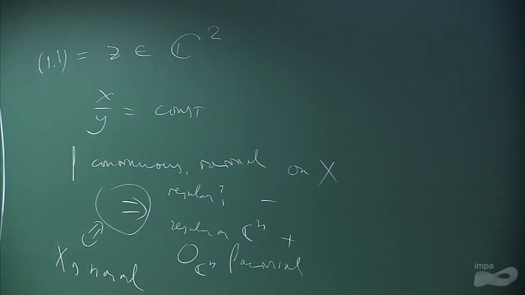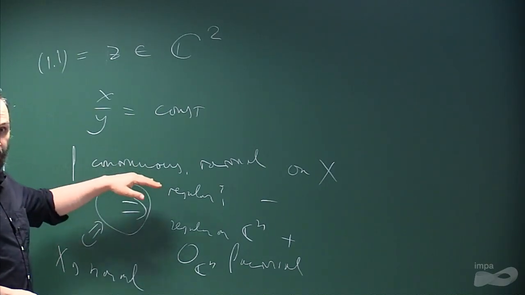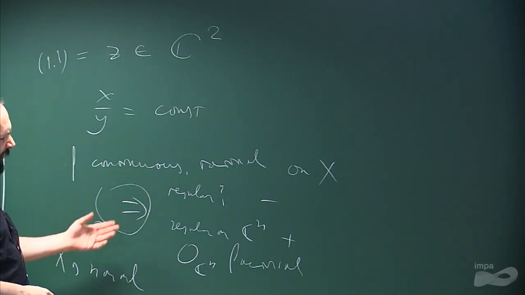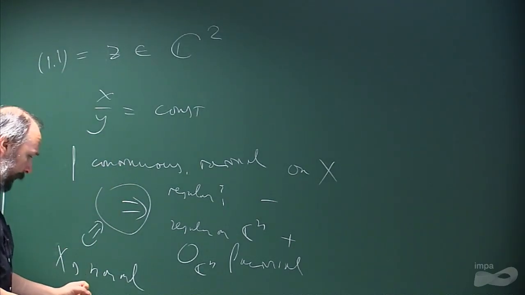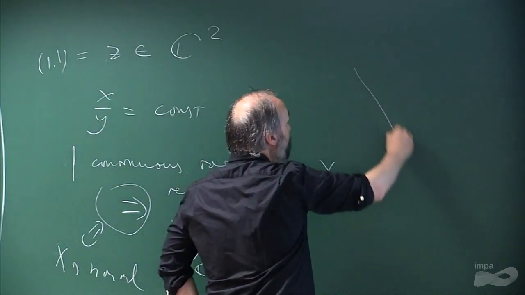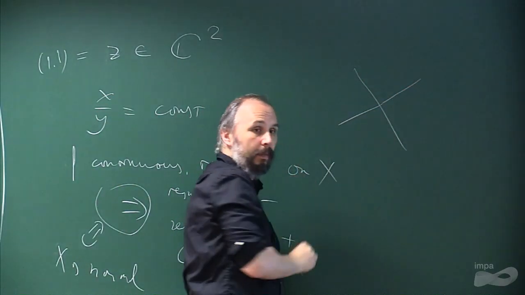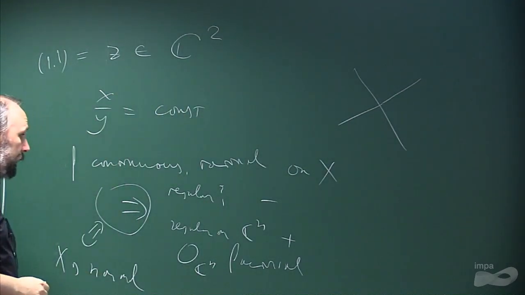A variety is normal if and only if all rational bounded functions are regular. For instance, a continuous rational bounded function is regular.